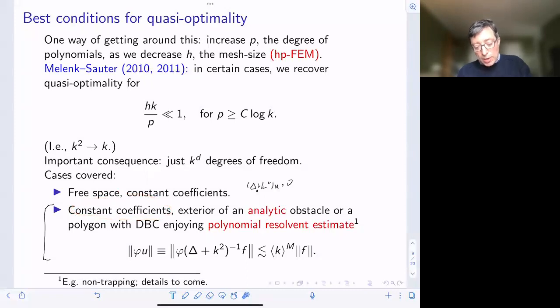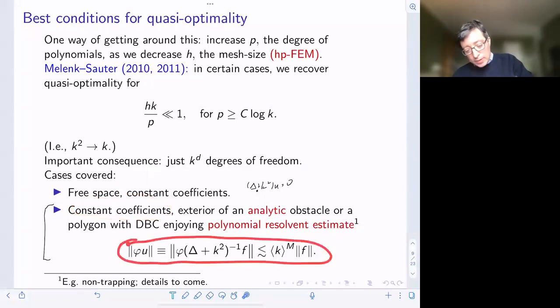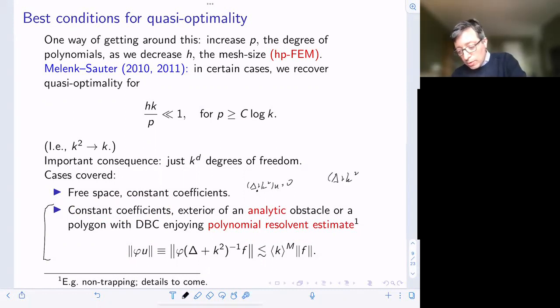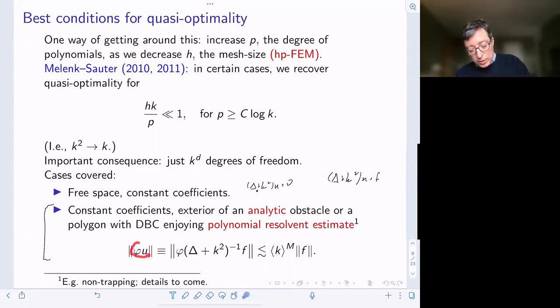And they needed what's called a polynomial resolvent estimate. So this is going to be an assumption throughout what I'm going to talk about, and I will say more about it later. But just in brief, it says that if I solve the Helmholtz equation for u in terms of f, so I've got Laplacian plus k squared u equals f, and if I localize u, I'm only concerned with a local problem, then I can bound the L2 norm of u in terms of f in a way that grows at worst polynomially in the frequency.